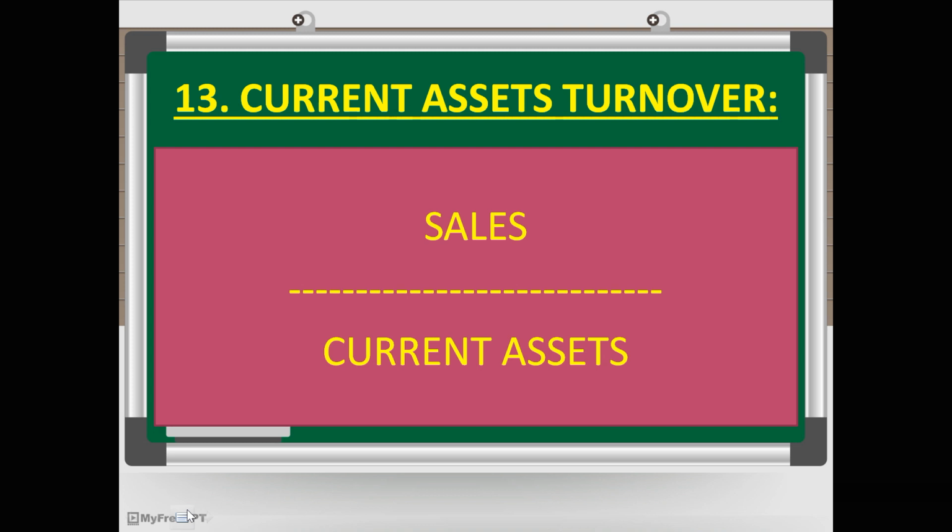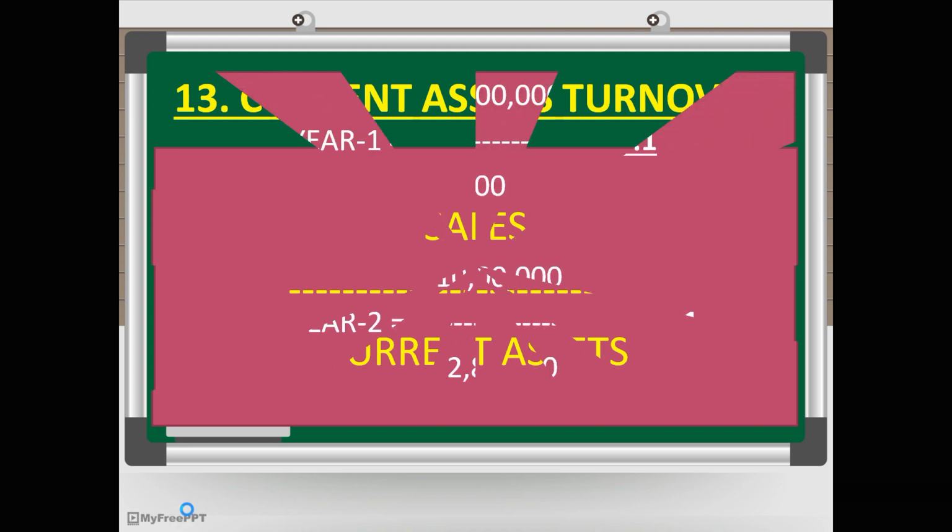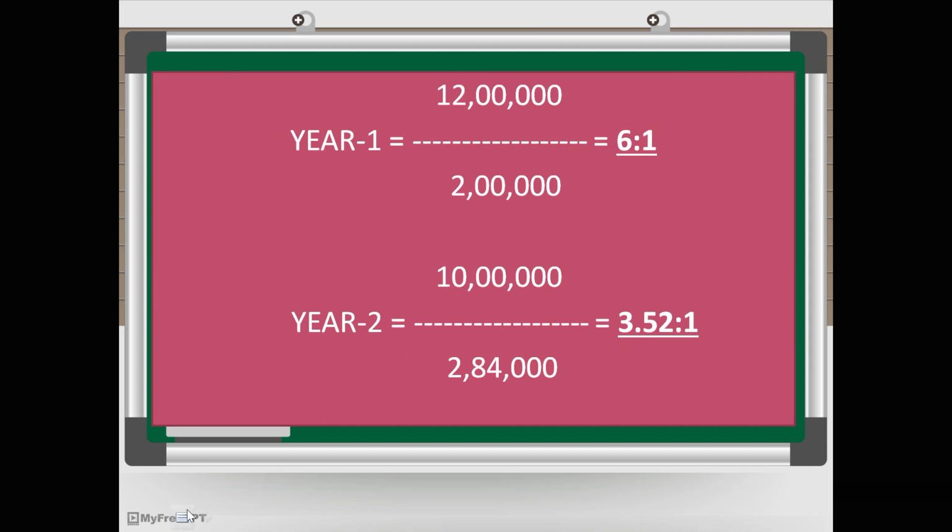We have all the amounts, and here is the calculation. Sales 12 lakh for the first year, and current assets were 2 lakhs. We made the current assets table, and it is 2 lakh there. So the ratio arrives at 6:1. 2 sixes are 12, directly 6:1.